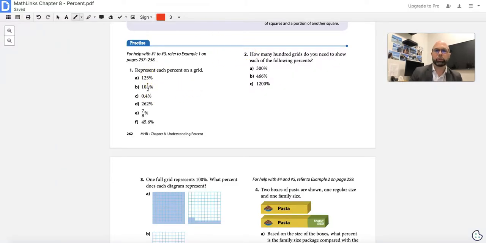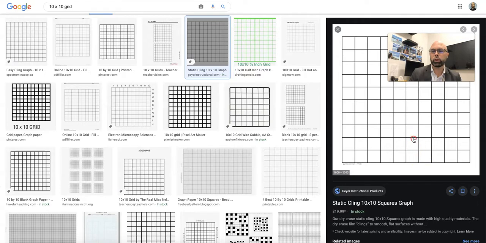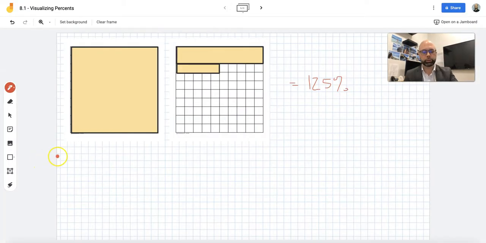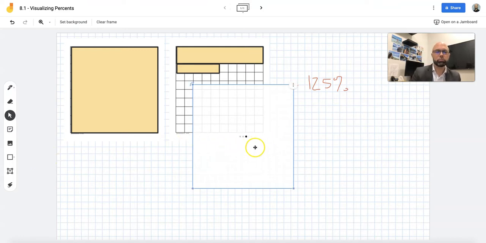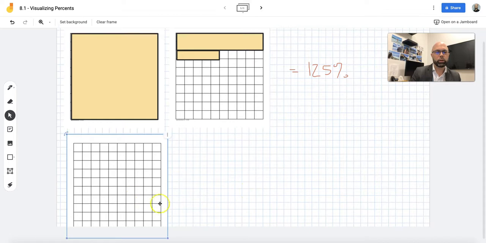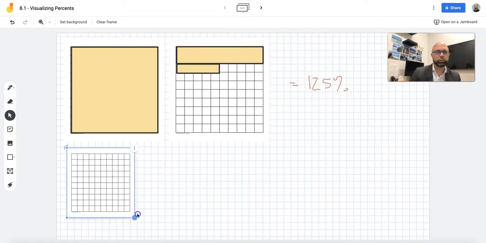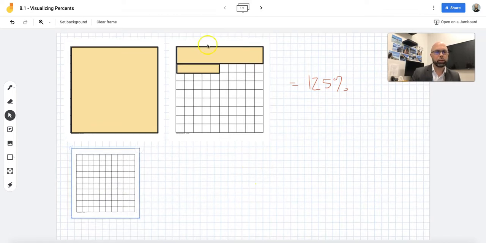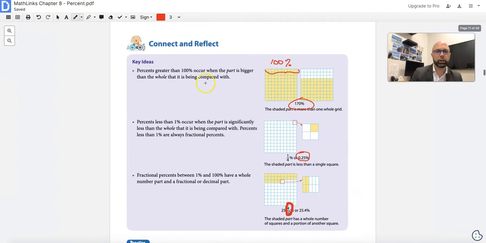10.5%. Okay, so this time I just need one of these. Let's go here. Okay, that's getting a little smaller. Remember what we just talked about. I'll take you back here for a moment.